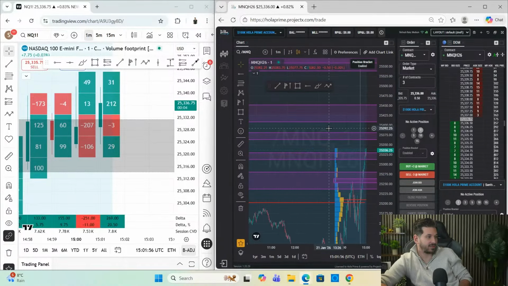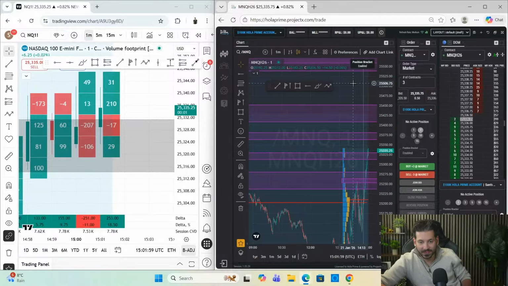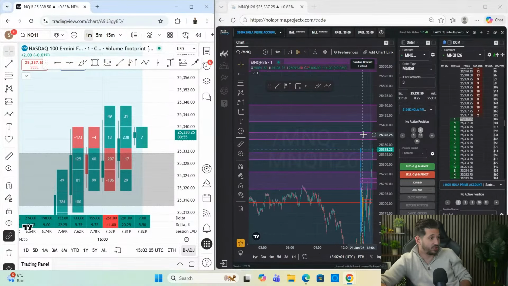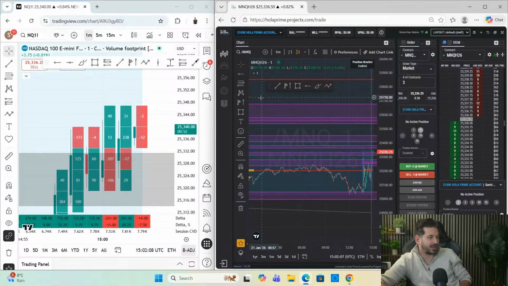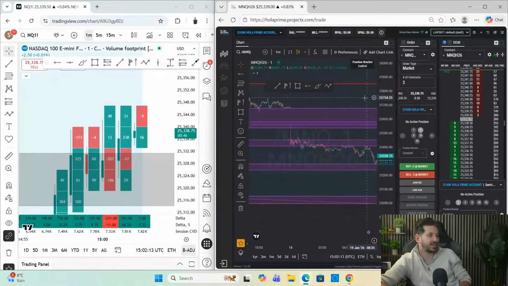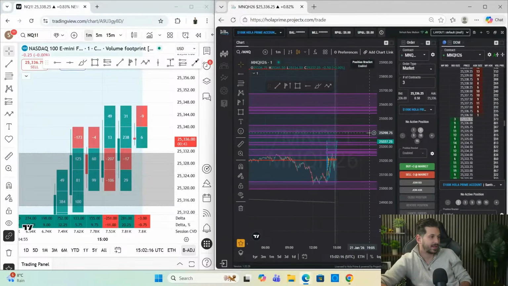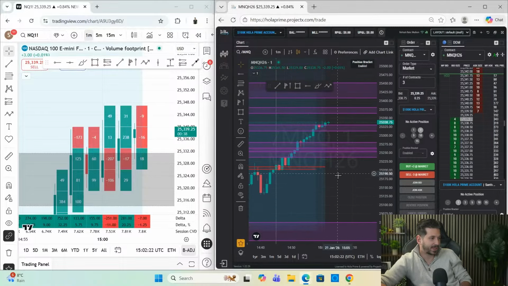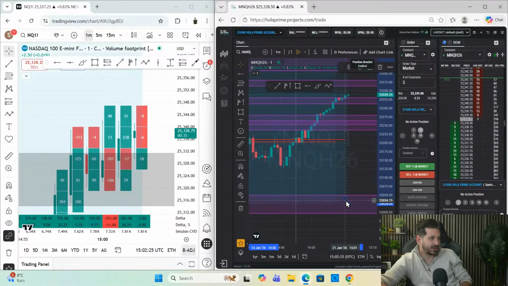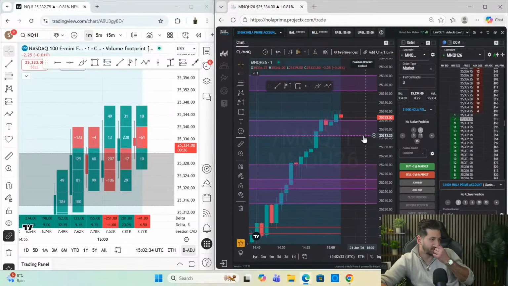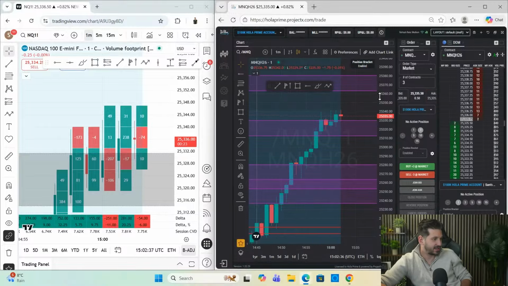I was really expecting us to visit the gap of some kind, but no, it didn't happen. Hopefully it happens today, because if we do get to that weekend gap, that would be incredible, because I'd be extremely confident shorting that with size. I'd be very happy to short here. But there's going to be a lot of chop, because we've got so many little pockets of low volume everywhere, where the market's just going to crawl through and bulldoze through, like what we're seeing now.